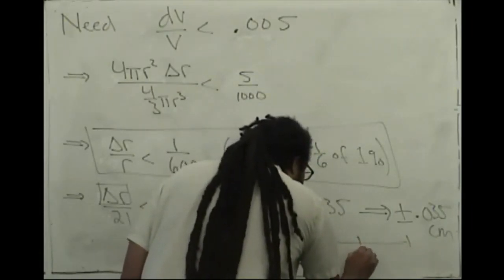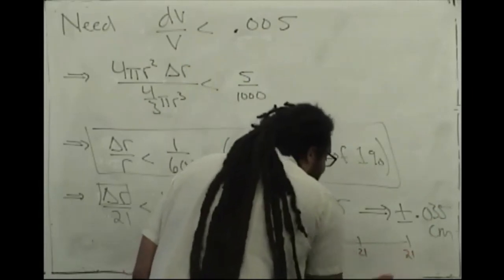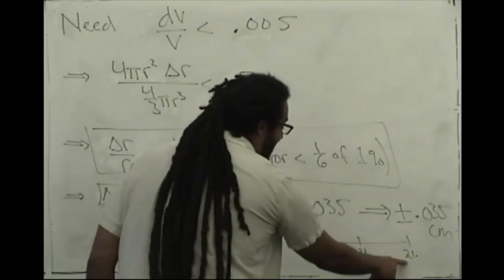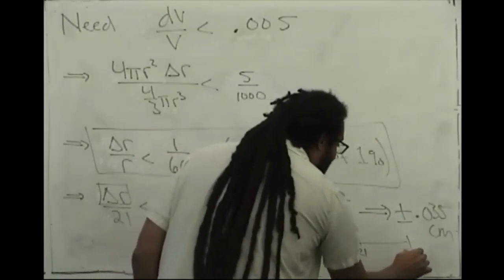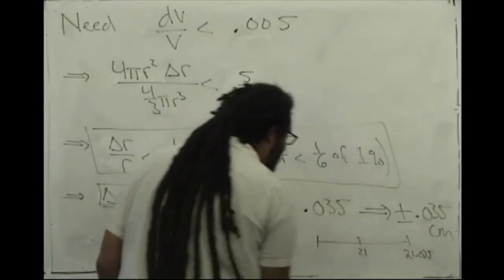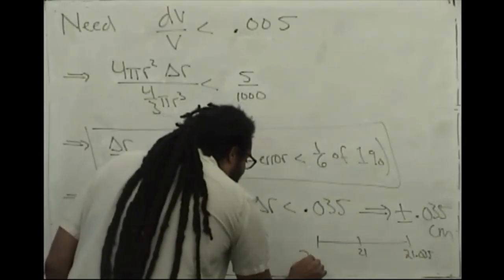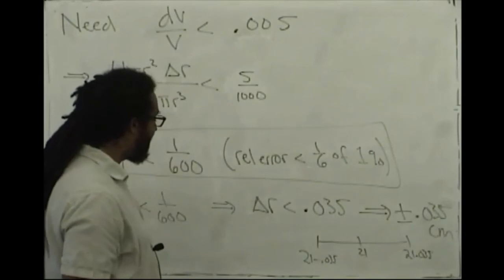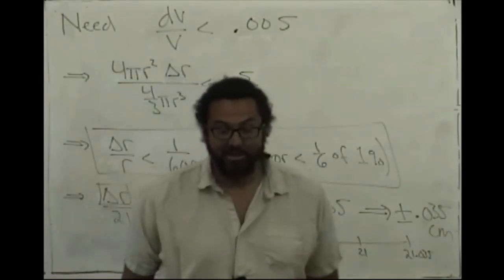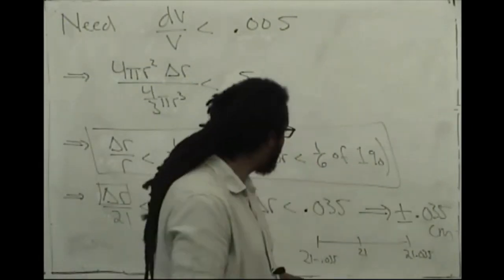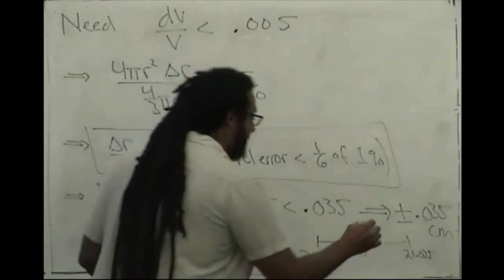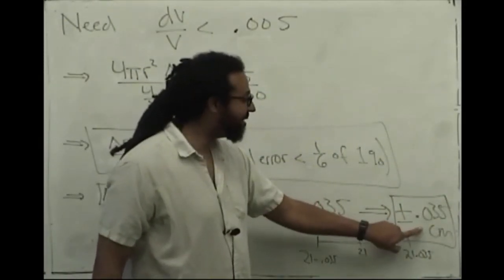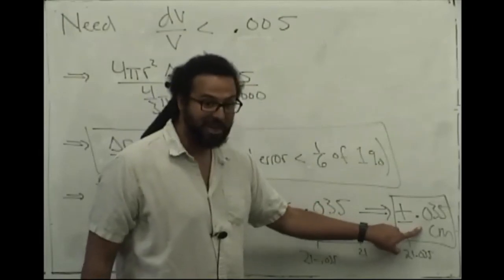Here we've got 21, and then I can be off by as much as 21.035 centimeters, or 21 minus 0.035, whatever that turns out to be. I'm not going to try to do that in my head. So this would be a good final answer if we want to know how many centimeters, give or take, we are allowed to be off by.